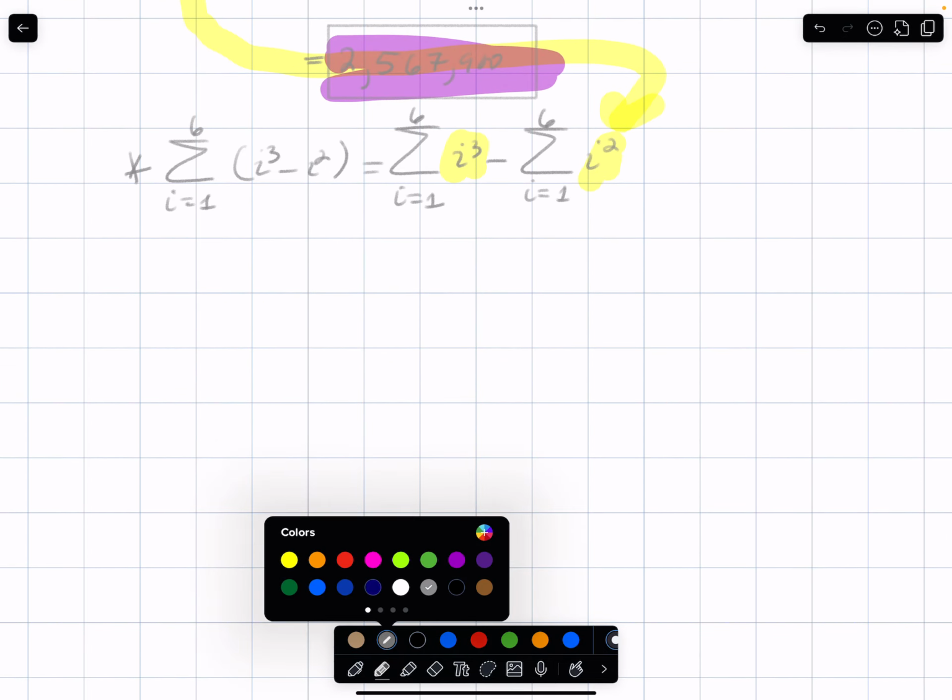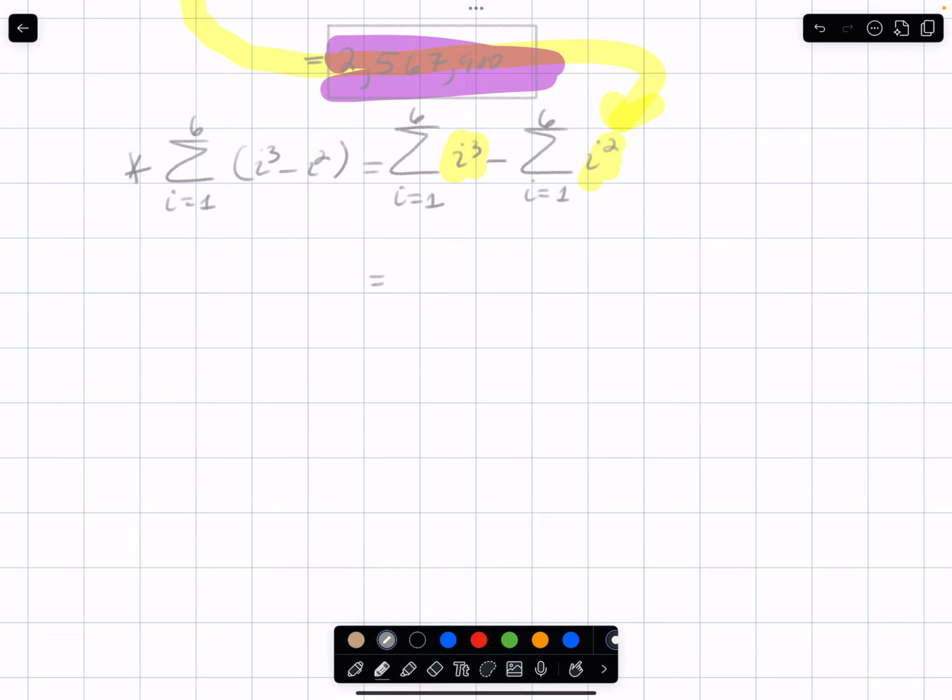All right, so this will be then n squared times n, which is 6 plus 1, the whole thing squared, and then divided by 4, minus n, which is 6, times n plus 1, times 2n, which is 2 times 6, and that's 12, plus 1, divided by 6.